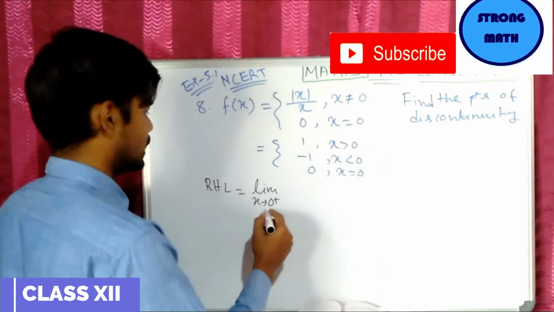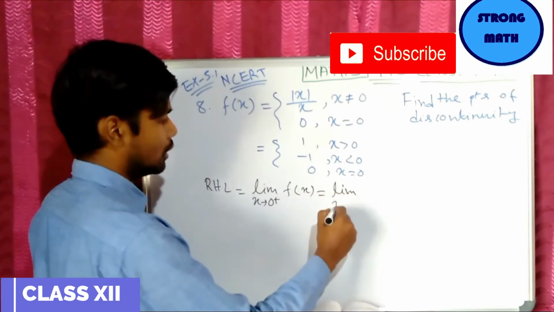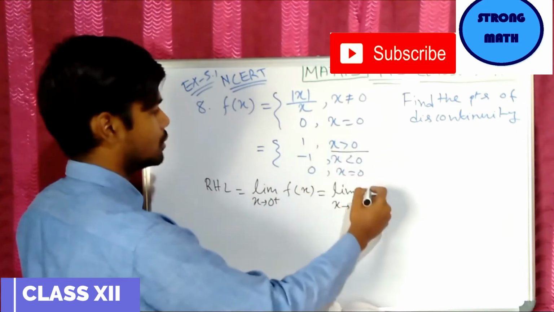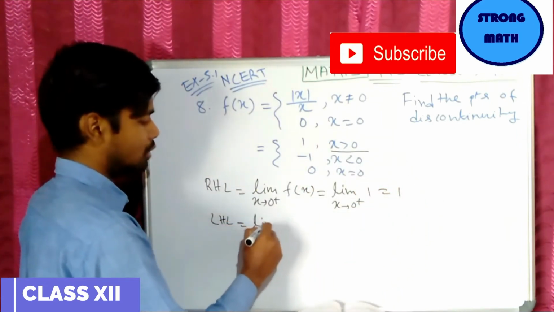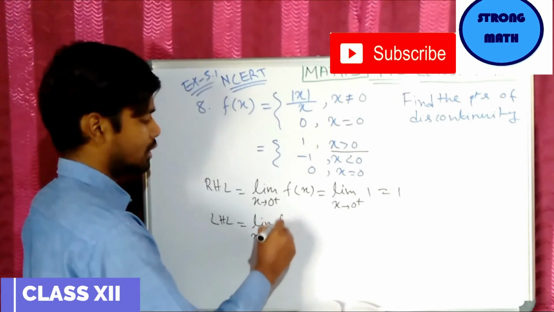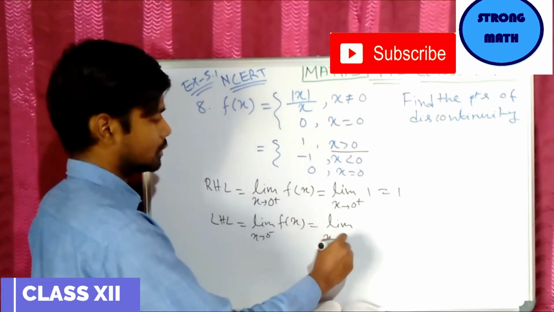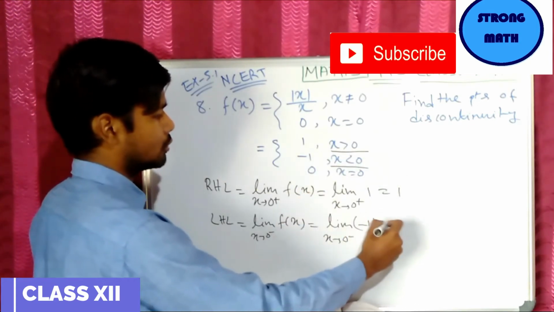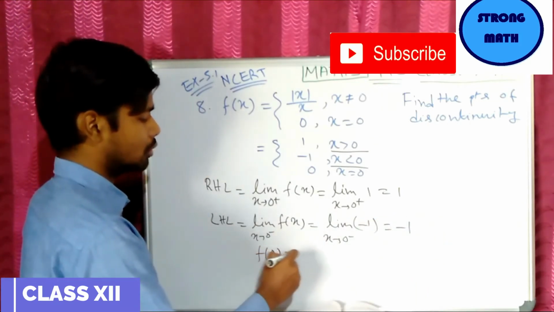So limit x tends to 0 plus f(x), right hand side of 0, the value is 1. Left hand limit, x tends to 0 minus f(x), left hand side of 0 is minus 1, so this is minus 1, and the functional value equals 0.